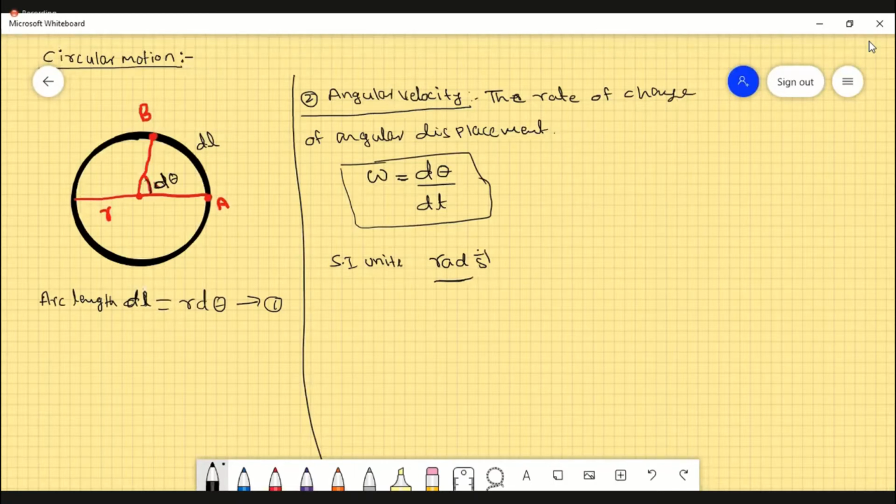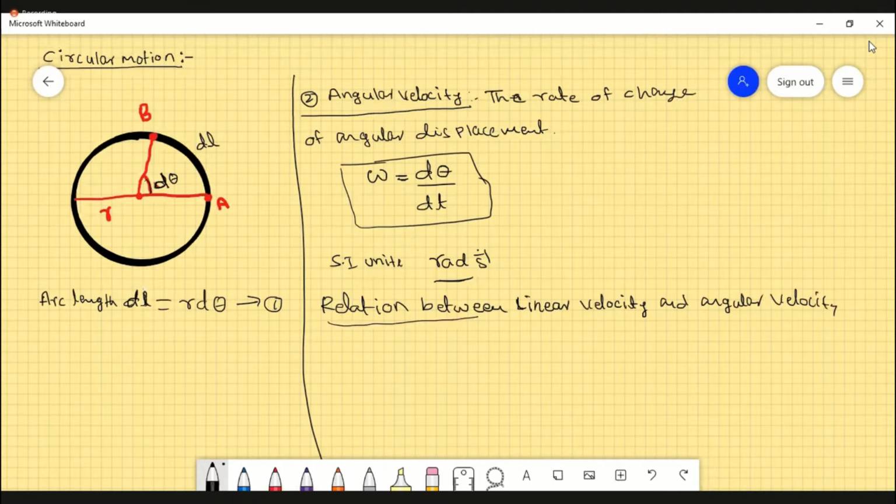What is the relation between linear velocity and angular velocity? Angular velocity into radius is equal to linear velocity. From this, dl equals r into d theta.